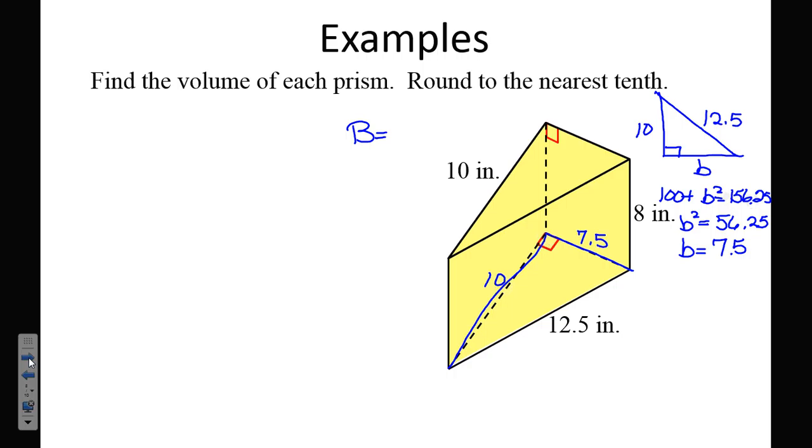So to find the area of my base, I have to take the 10 times the 7.5 divided by 2, because that's the area of a triangle. 10 times 7.5 is 75, divided by 2 is 37.5. Then I need to take that times the height of my prism. The height of the prism is 8.